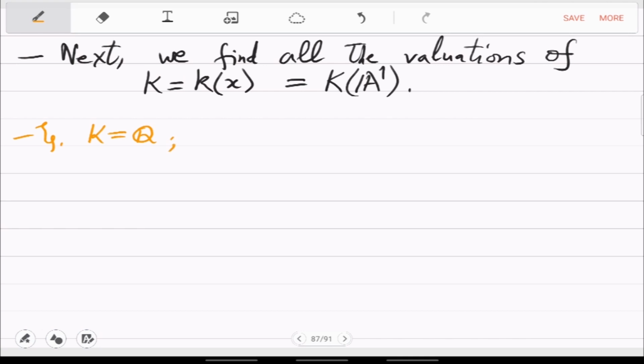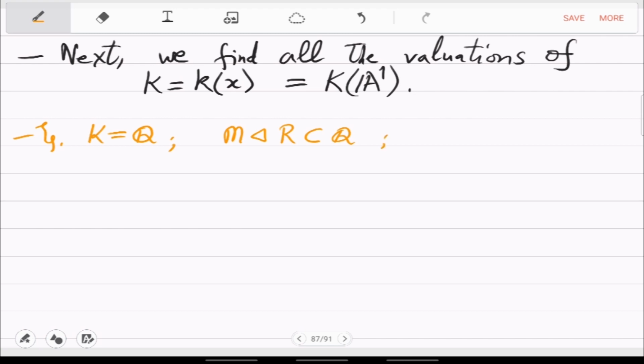A DVR within rationals: you are looking for a ring R which is inside rationals and which should have a maximal ideal that is principal, right?